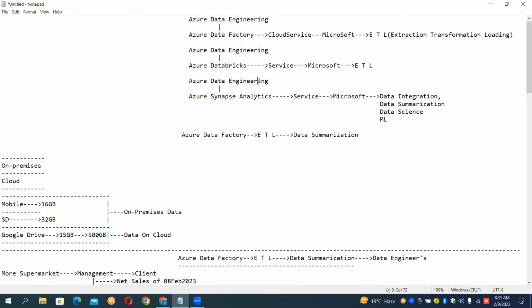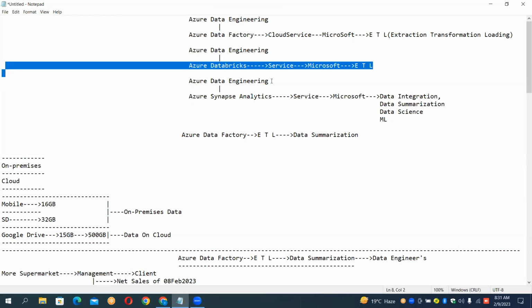And even the introduction and some integrations will be shown to you on Azure Databricks. Not the whole of Databricks, but some of the very essential things, how the integration takes place, will be given in this. Okay, guys, that's it on this.